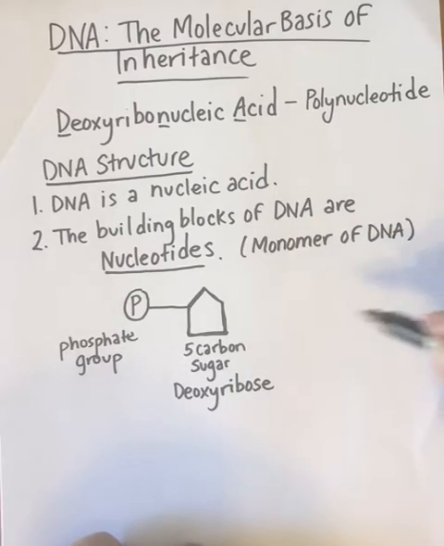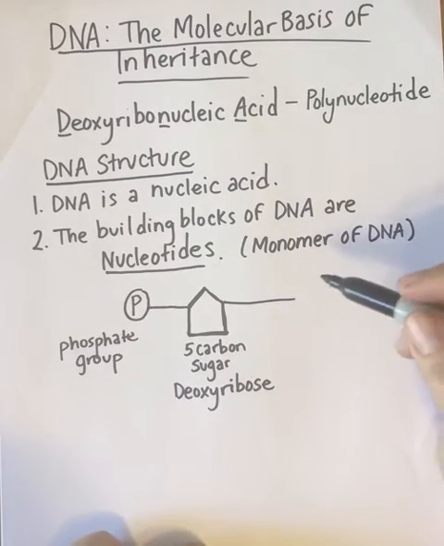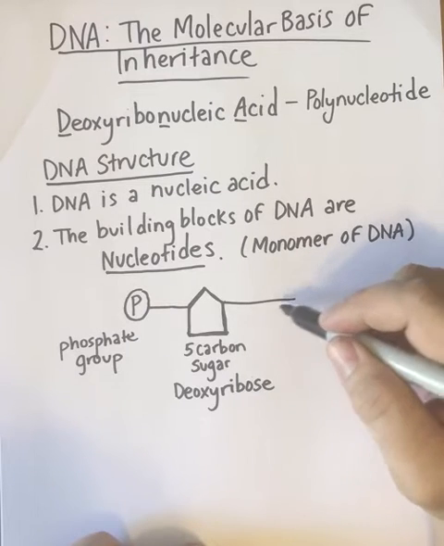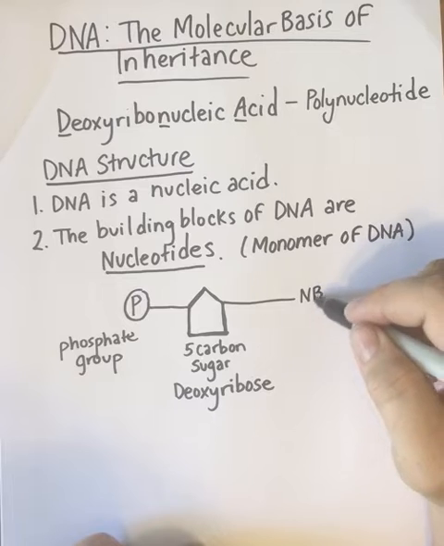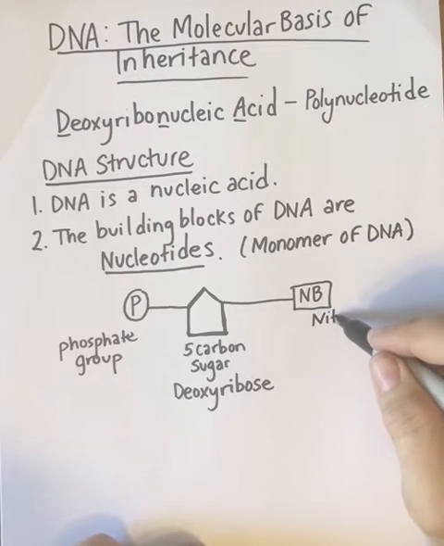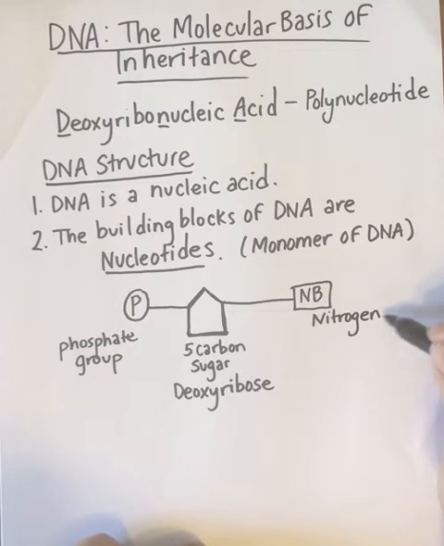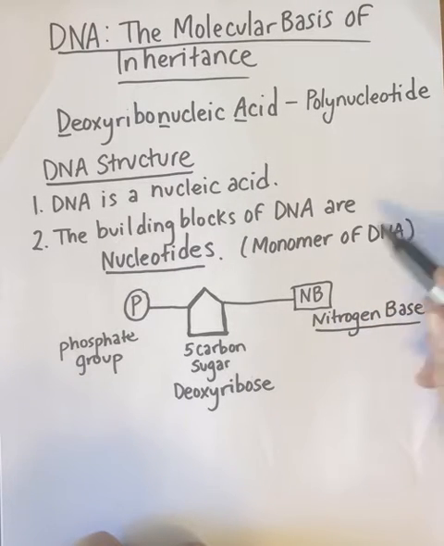And then to the right of our 5-carbon sugar, I'm going to give it a little space, we have a nitrogen base that is attached to the 5-carbon sugar. I'm just going to write NB. This represents a nitrogen base. Now, there can be 4 of them.